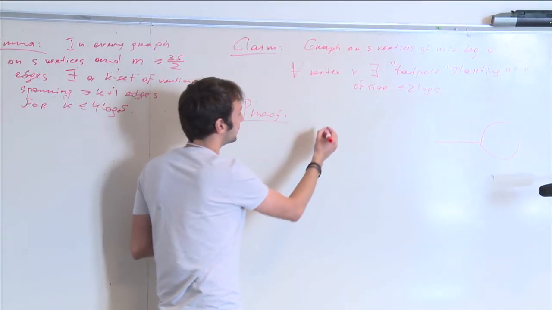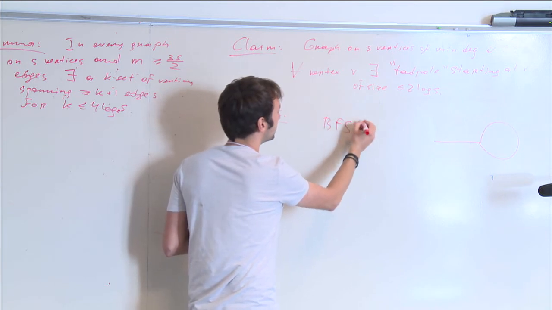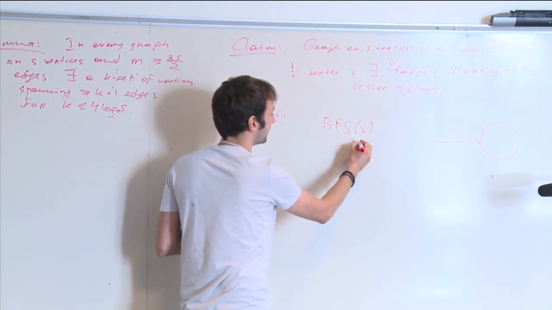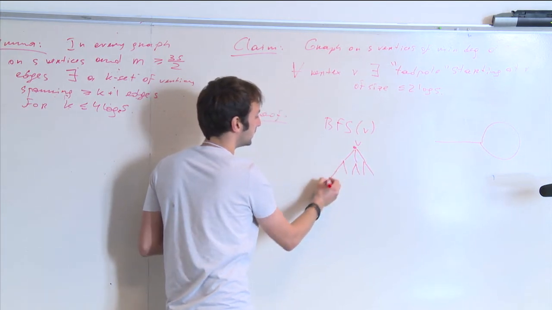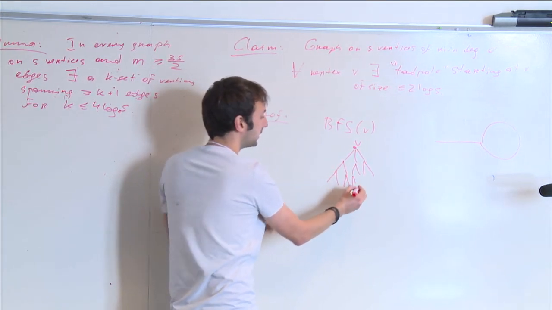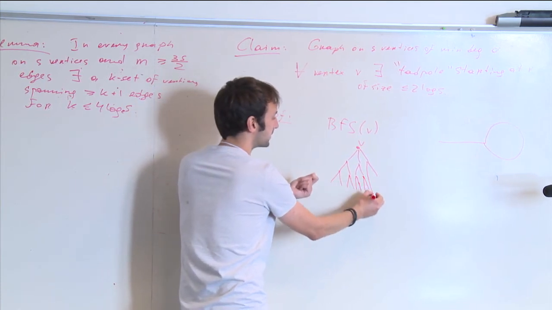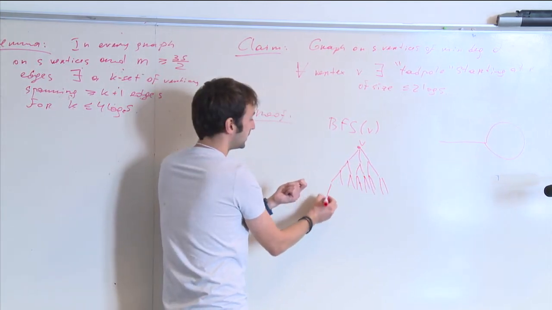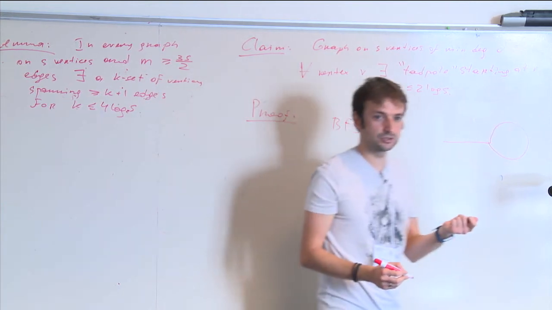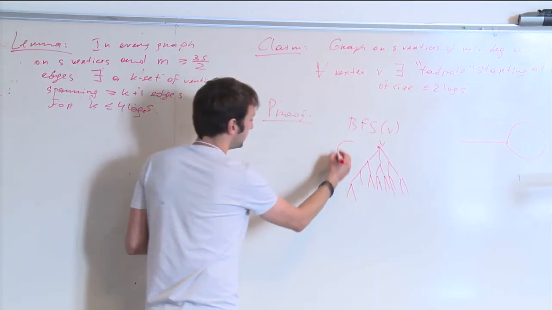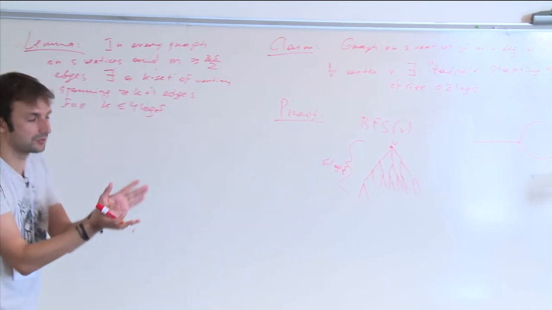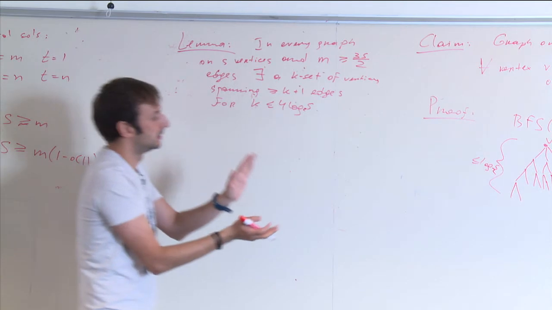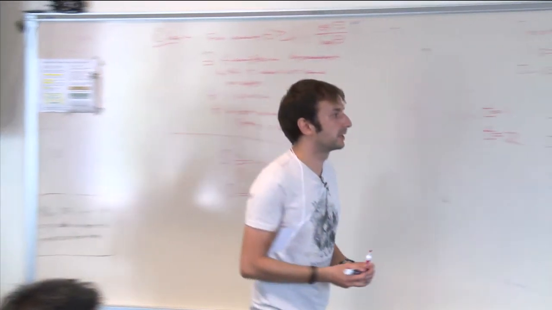I'm just drawing a BFS tree from the vertex v. Since mean degree is 3, if I don't have back edges, then my branching factor in the tree is at least 2. So I keep going until I see a back edge. The depth of my tree is at most log s, because the branching factor is at least 2, and after at most log s levels, I will see a back edge.